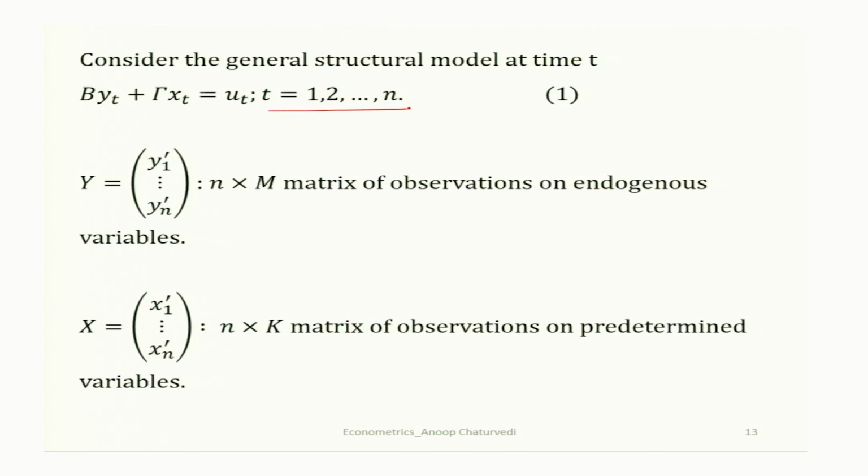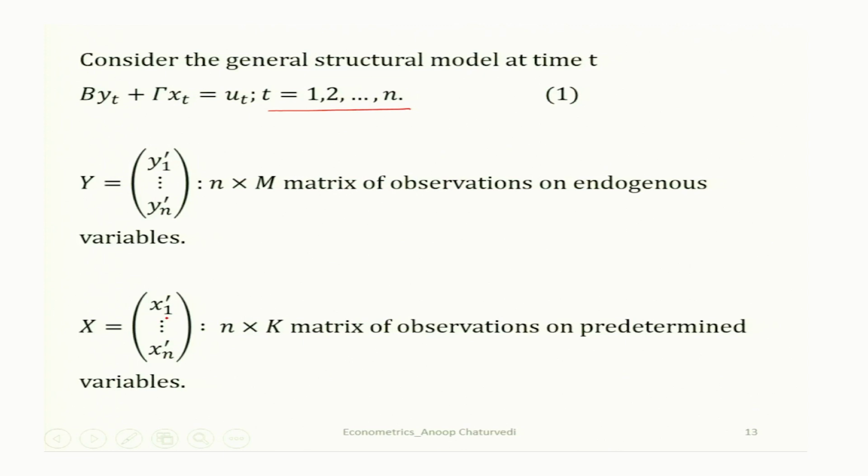Now, we write capital Y equal to y 1 dash, y 2 dash, so on y n dash. So, basically this capital Y is an n cross capital M matrix of observations on endogenous variables. Similarly, we define capital X equal to x 1 dash, so on x n dash.